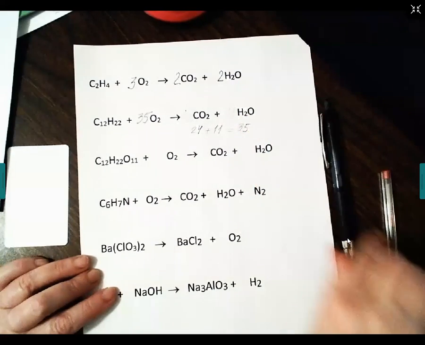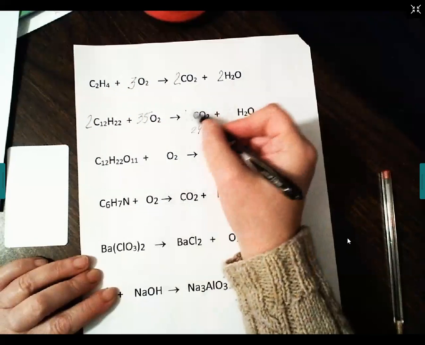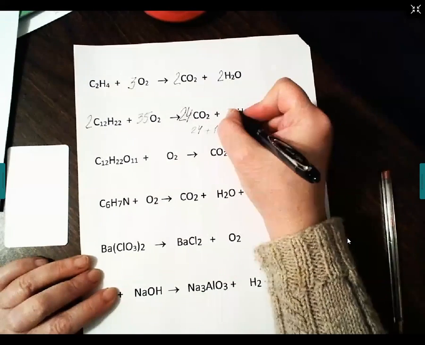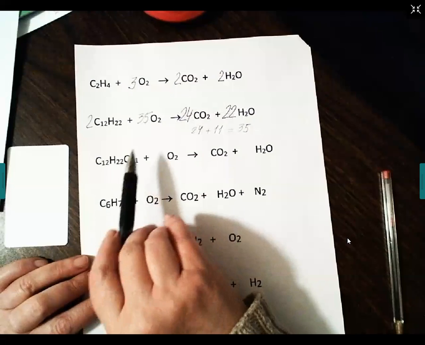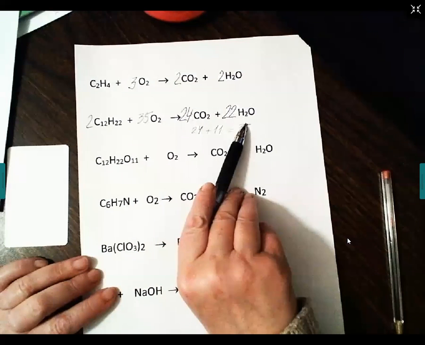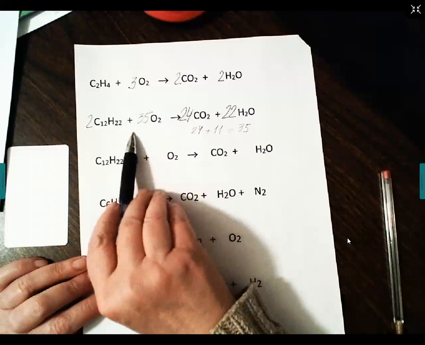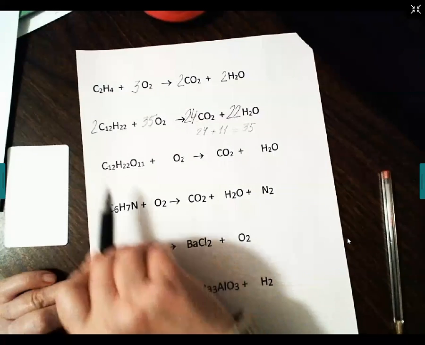So I should multiply by 2. 12 times 2, 24, and 11 times 2, 22. So this is my final balanced equation. And I cannot reduce because I cannot divide 35 by 2.